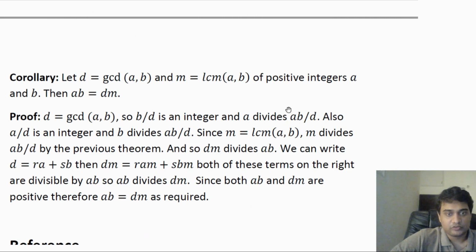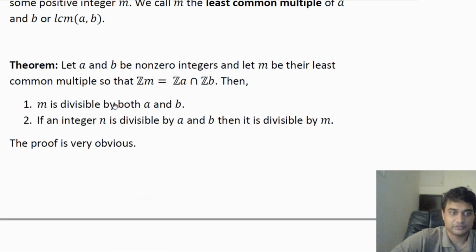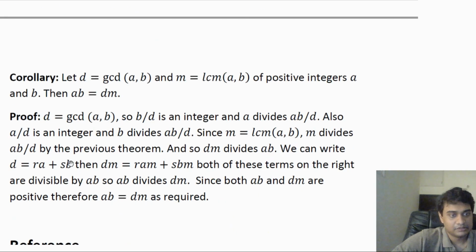AB over D is a multiple of A as well as a multiple of B. Therefore, the least common multiple M divides AB over D, by the previous theorem that we have studied. So far so good. Now M divides AB over D, and therefore, multiplying both sides by D, DM must divide AB. That's obvious.